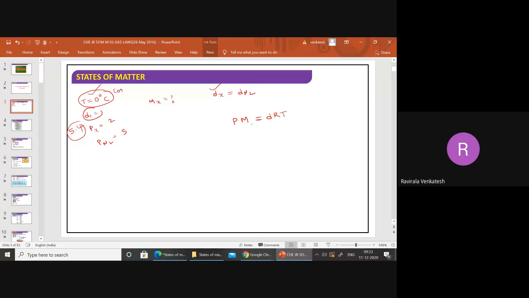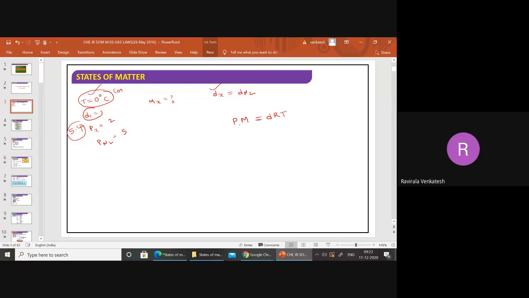Everyone knows this formula? Are you there? Yes, sir. PM is equal to DRT, the formula we discussed, or not, beta? We have completed PM equals DRT. You just go through what happened in the last classes. We derived the PM equals DRT formula, or not? Yes, sir.